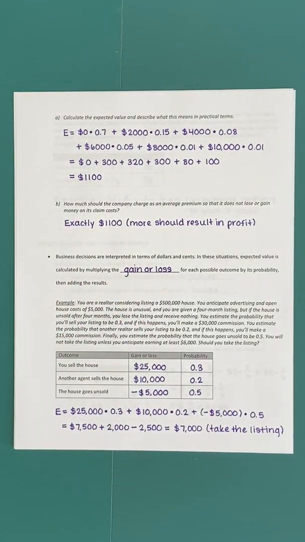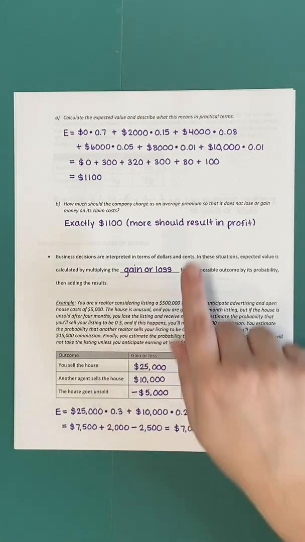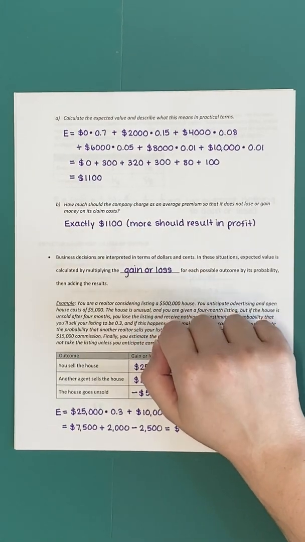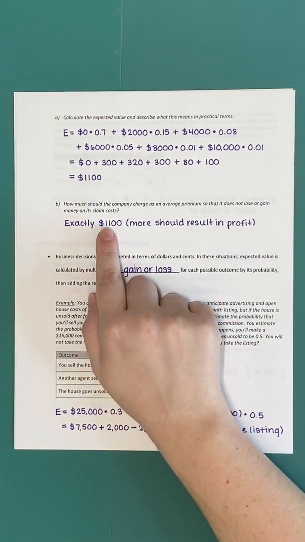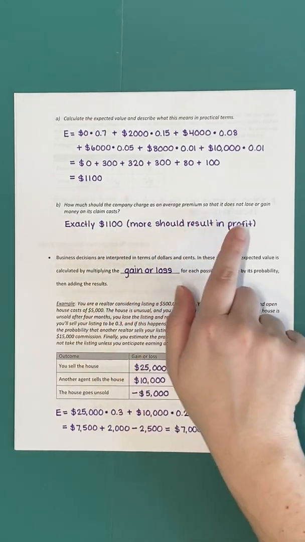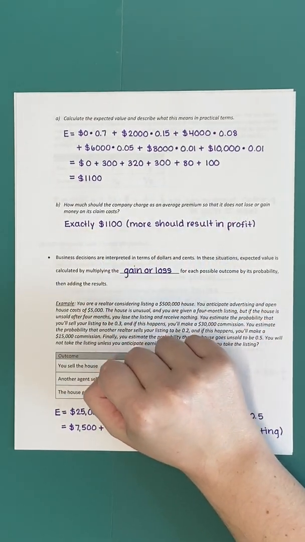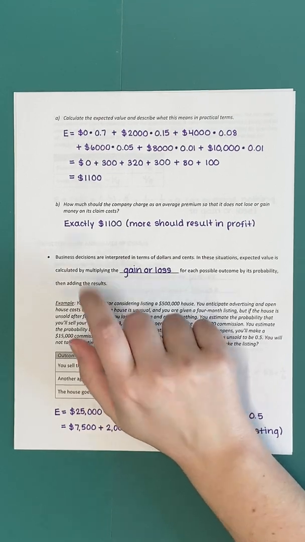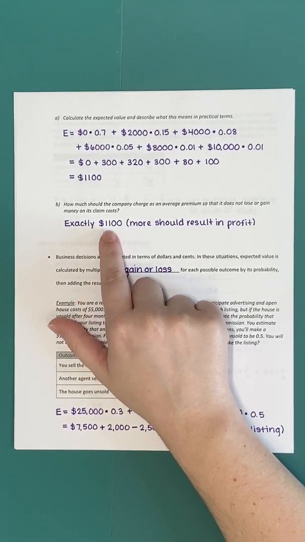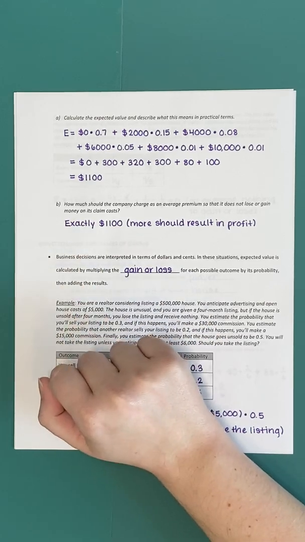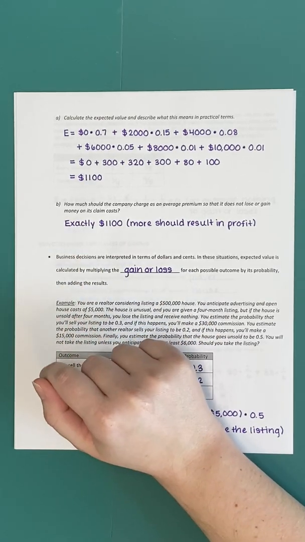Now, because that's the average and that's what they expect on average for every individual who makes a claim, that means they're probably going to charge you more. So if they charge you more than $1,100, they expect a profit. Now, again, from individual to individual, say you make a $10,000 claim. If they charged you $1,200, well, they have that $1,200, but then they had to pay out $10,000.